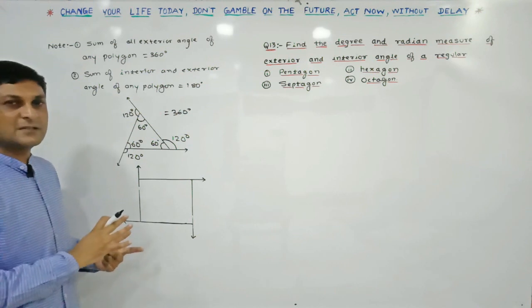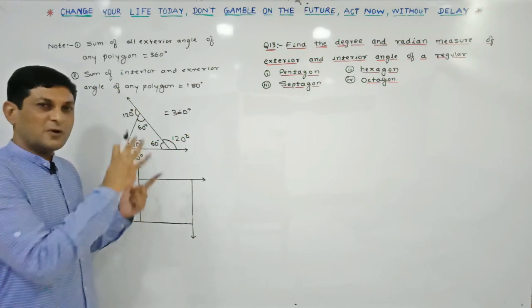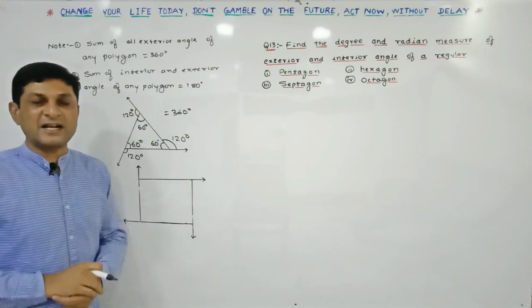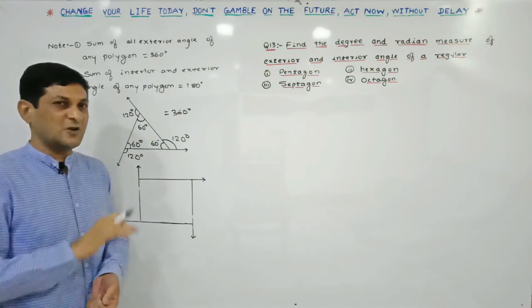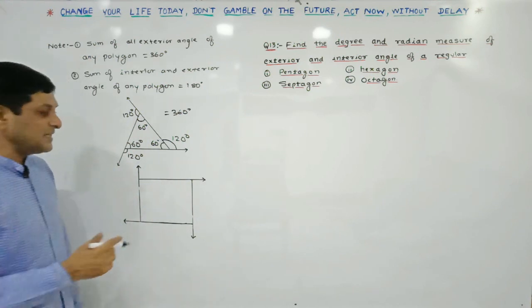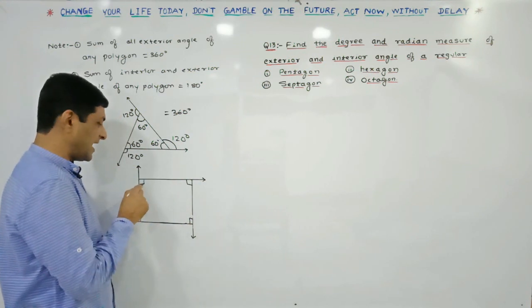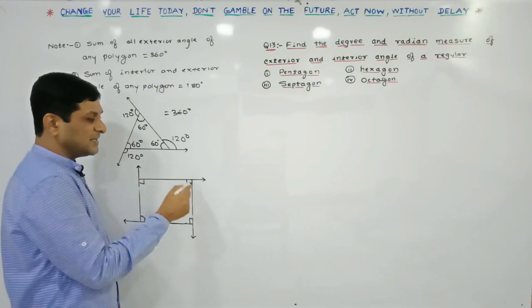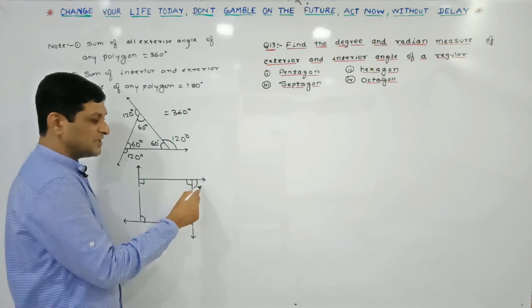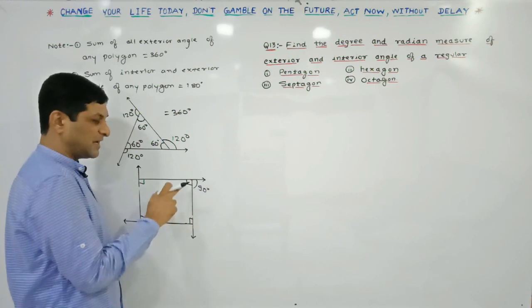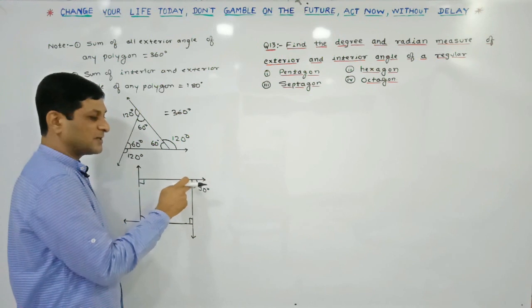Now let us observe whether the same condition is satisfied in case of quadrilateral or not. So for simplicity, let us suppose that this quadrilateral is a rectangle, means each angle is of 90 degree. So now if interior angle is 90 degree, then the measure of this exterior angle is also 90 degree, because these two angles are linear pair.